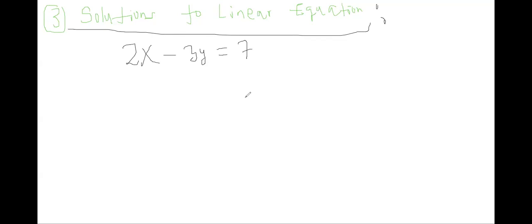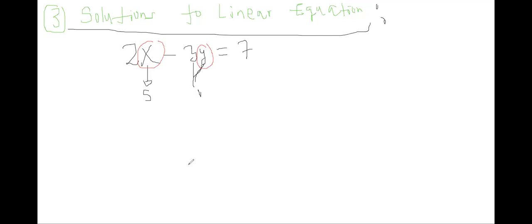I explained to you that for the solution, we want to find a number for x and y whereby this equation will hold. I assume that if x equals 5 and y equals 1, we substitute these variables: we remove x and put 5 there, and we remove y and put 1 there.